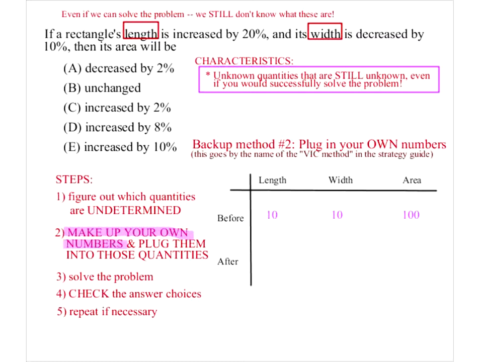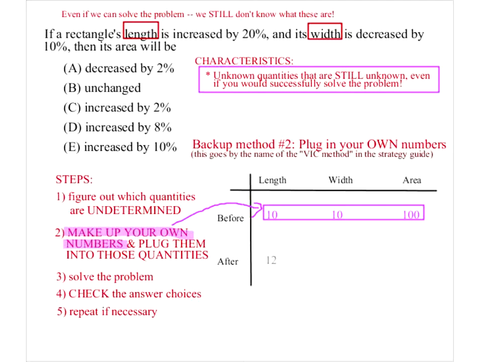So make up your own numbers. Here are the numbers that we make up. These numbers right here. Okay. Now that you've got those numbers, let's just do what's in the problem. If we increase the length by 20%, then we get a new length of 12.